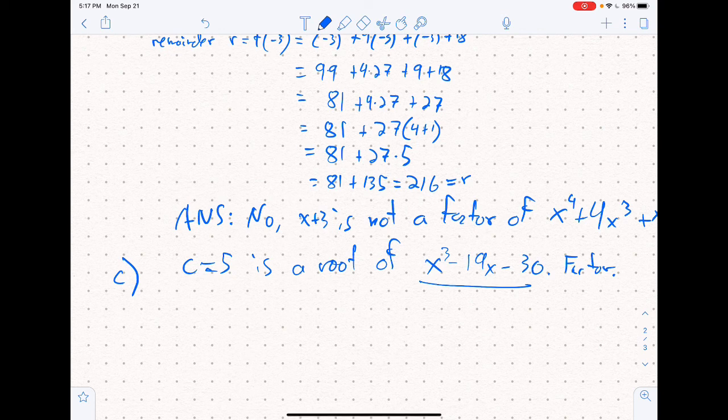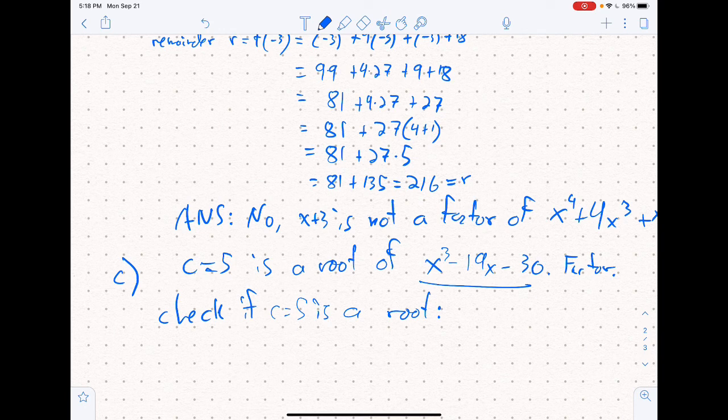Okay. So first of all, we can test whether it's a root. Check if c equals 5 is a root. We can do that by plugging it in. When we plug in 5, we will see whether the result is 0, and that will tell us whether the number 5 is a root.